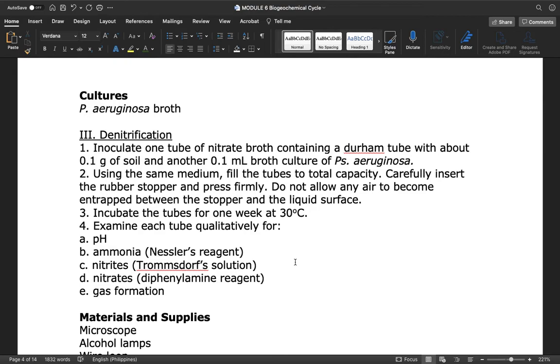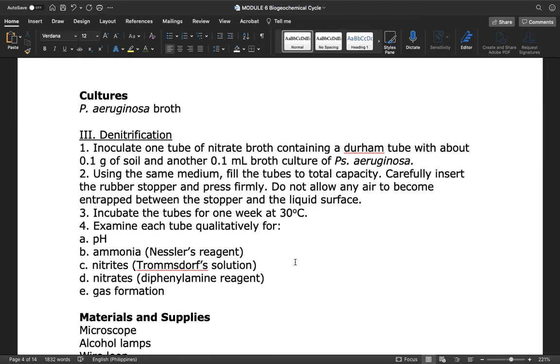When your nitrogen is in the nitrate form, it is bioavailable. It can be easily assimilated by living organisms. So in denitrification, we're returning nitrogen to the atmosphere, from nitrate to nitrogen gas.